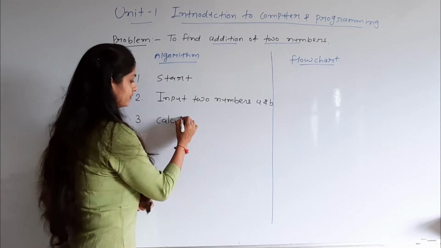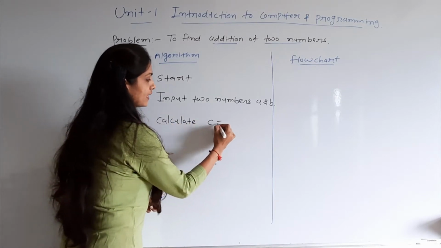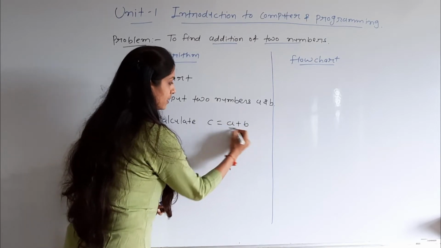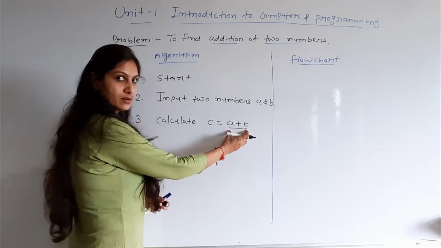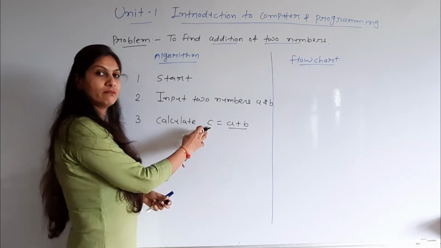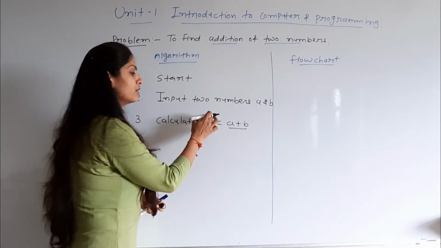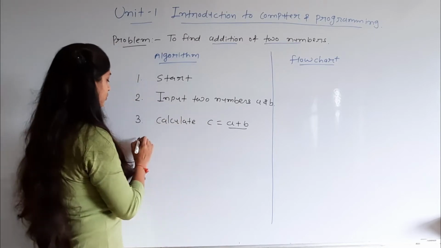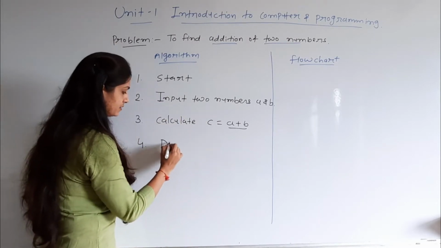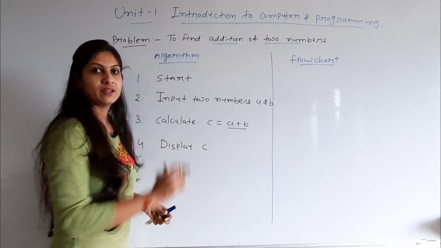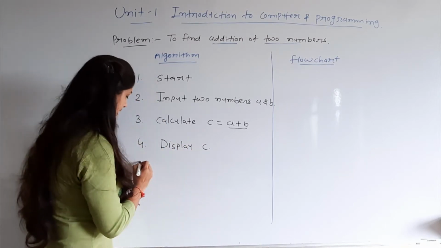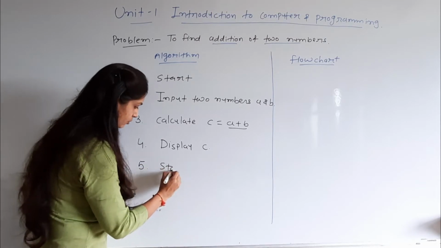So calculate C equals A plus B. This is nothing but addition, and the answer of this formula will be stored in a variable C. The last step is display C, or we can write print C, that is nothing but output, and the last is always stop.